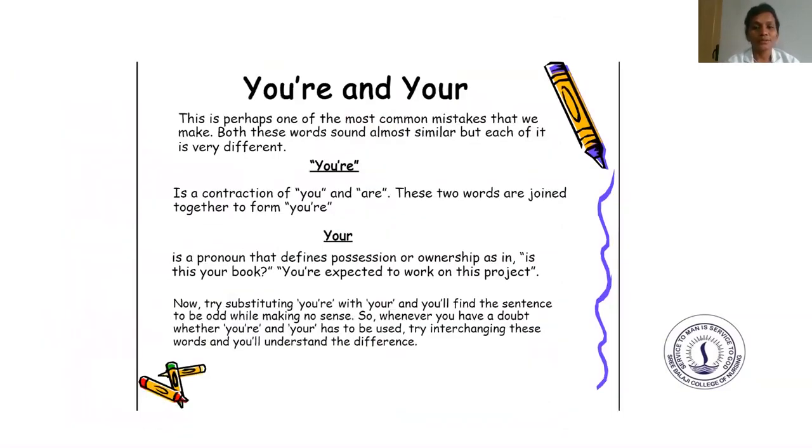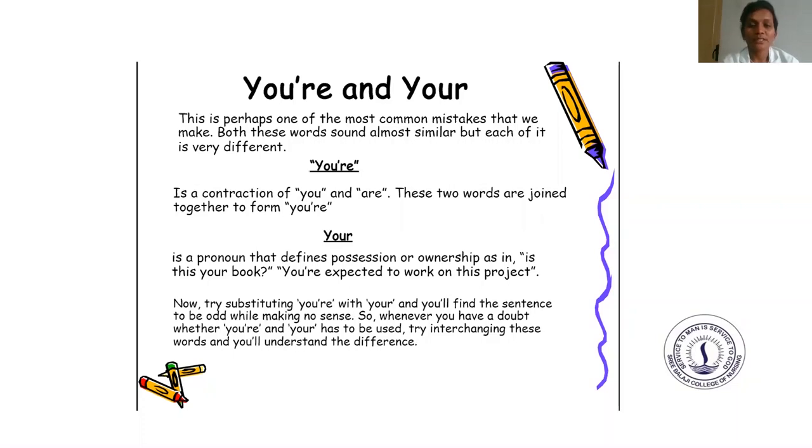You're and your, I have taught you already, but we'll see that in detail. You're, the first one, is a contraction of you and are. These two words are joined together to form you're. And the second is your. It's a pronoun that defines possession or ownership, as in, is this your book?